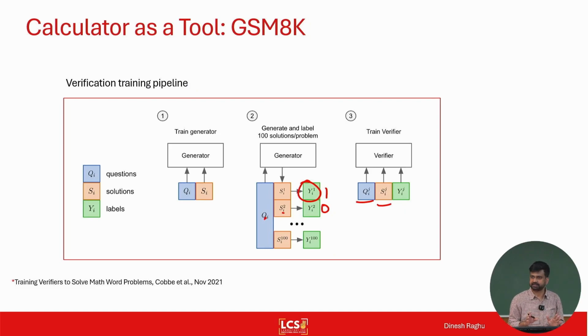Does it make sense, right? So basically the verifier would give you a probability of how good this particular solution is. And when you have 100 different solutions, you pass each of them through your trained verifier, and that verifier will be able to pick the one that is best, right?